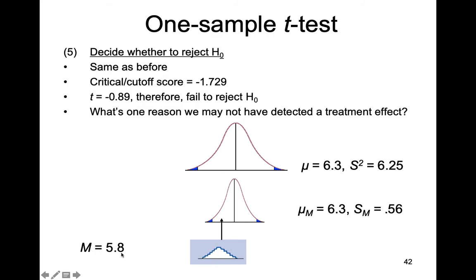Their mean was 5.8. What we determined is that you could get a mean of 5.8 from 20 randomly selected students, and it would land there, which is not improbable under the null hypothesis. In other words, there's nothing special about meditating in particular, because you could get 20 other people that don't meditate, and you could get a mean of 5.8. That would not be uncommon. So that's why we're going to fail to reject the null hypothesis in this case.